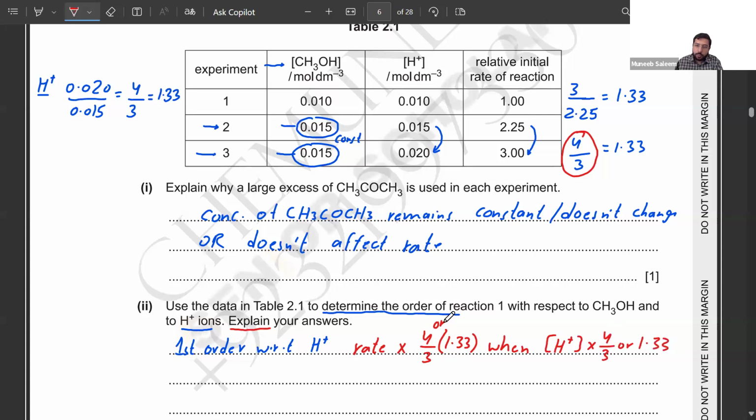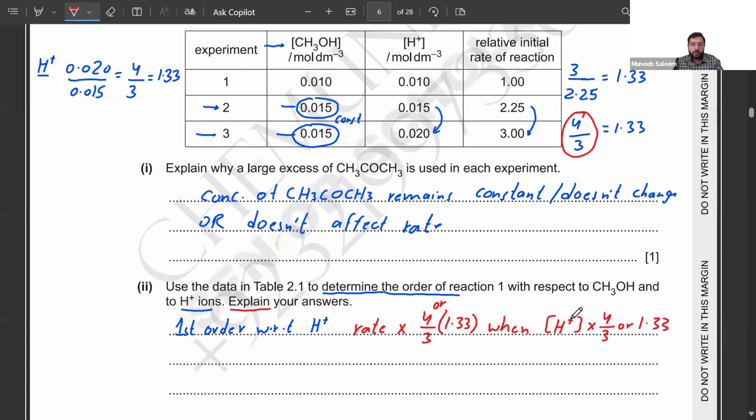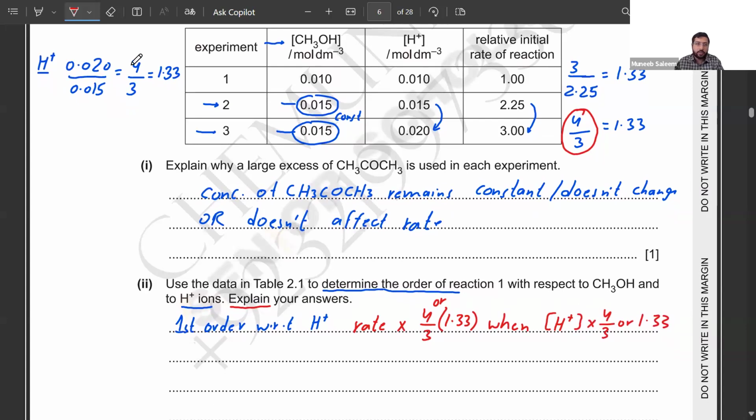So this is the explanation of why it is first order: the rate changes by 4 over 3 when the concentration of hydrogen ion is changed by the same value. So this is now calculated.